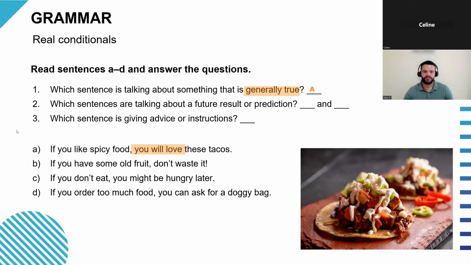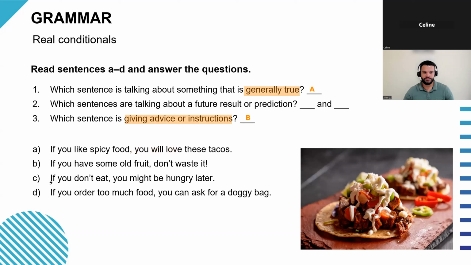This one is the third one. I think this one is here, Celine. Giving advice or instructions. So when we give advice or instructions, I think this one would be B, okay? 3. Very good. All right, I'll read the next one.